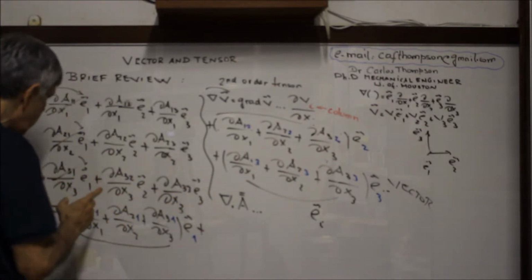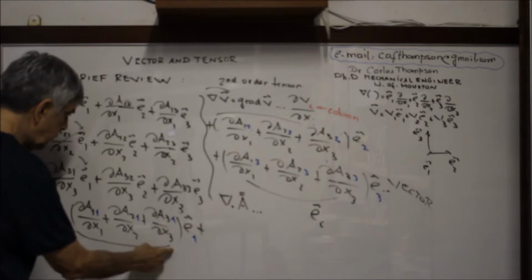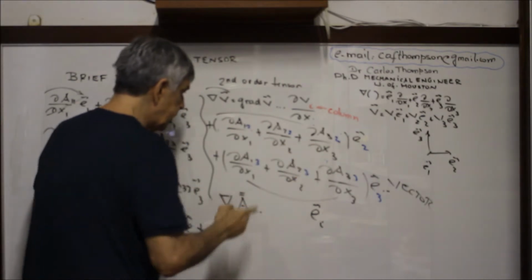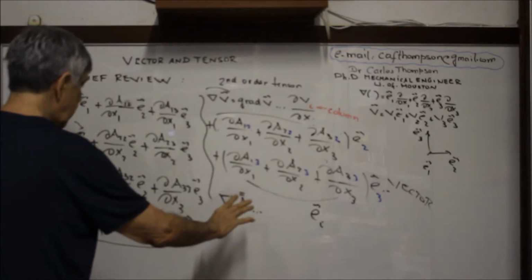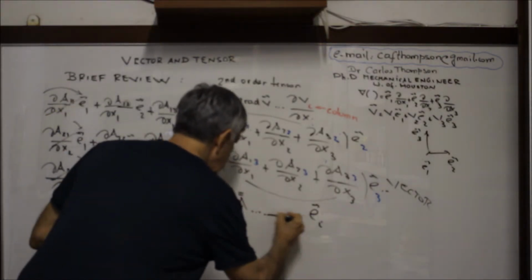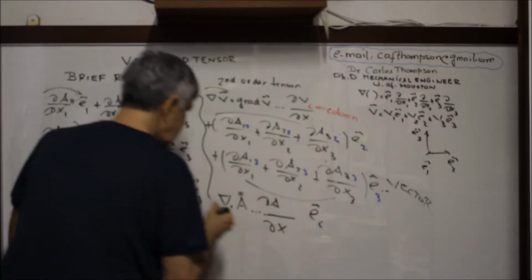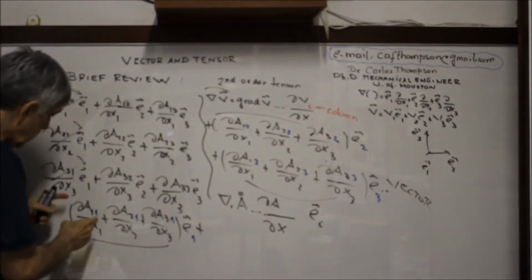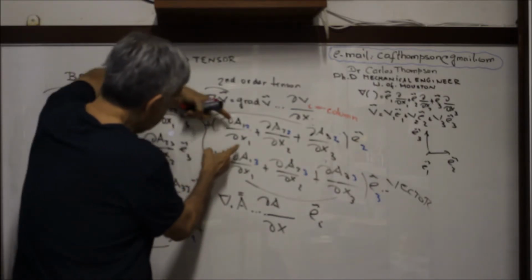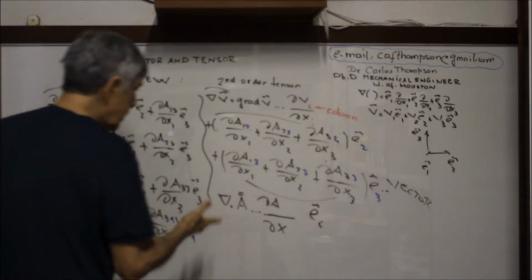Always you have 1, 2, 3 in black, so there's a sum, which we can easily write down like this. Now comes the partial derivative. This is A, this is x. You see 1, 1, 2, 2, and 3, 3. So this is a sum.